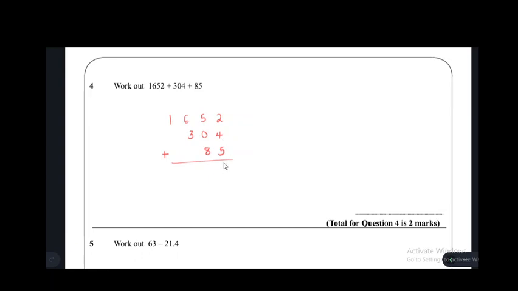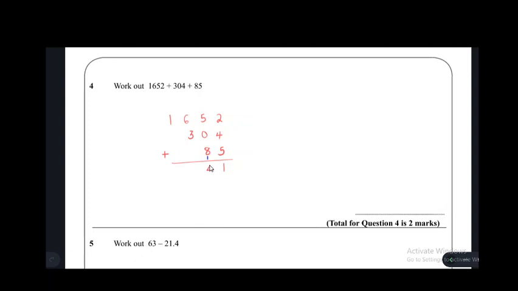6 plus 5 is 11. So I'm going to write 1 and then I'll carry 1. In this case, I can put it anywhere, either above or just here below, whichever works for you. So I'll put a 1 right there, and then I will add 5 plus 0. 5 plus 0 is 5. 5 plus 8 is 13, plus 1 is 14.